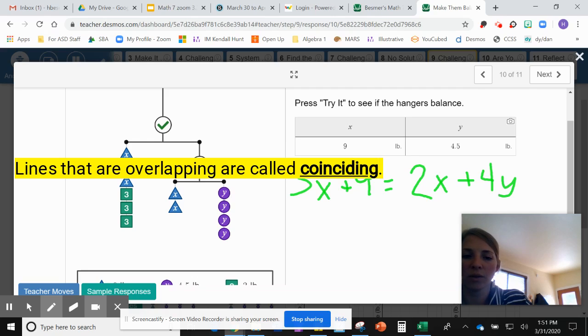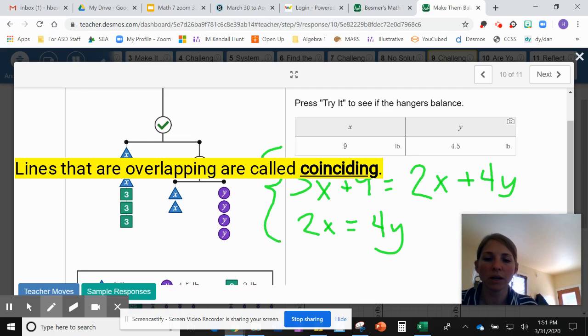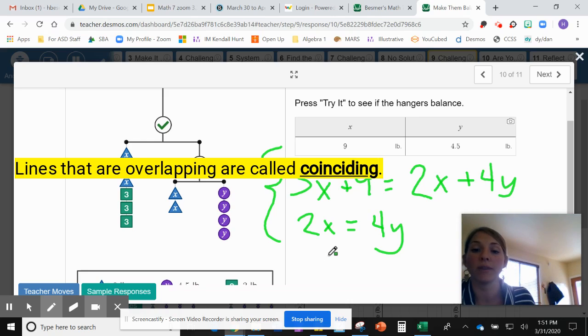I know that 2x has to also balance with 4y, so that is equal right there. So really this is how we would represent our system of equations algebraically rather than using the hangers. So I thought that was cool. And then we'll be doing some more practice to see how we can use some substitution to solve that.